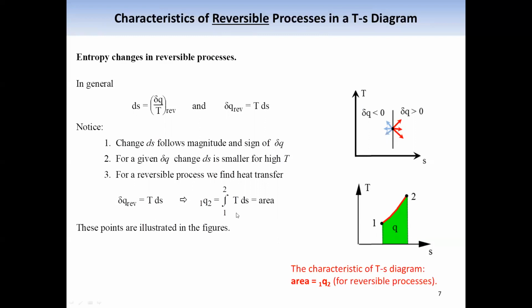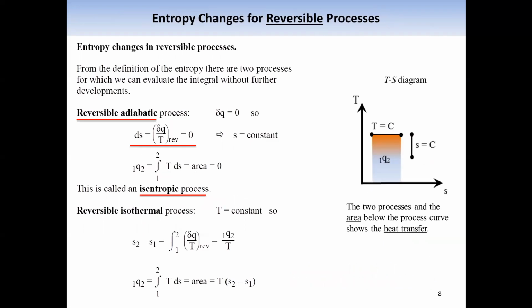The integral of T ds is the heat transfer term. This is very useful. And we're going to use this slide to demonstrate this interesting property. That is why the TS diagram is used very frequently for an adiabatic process.